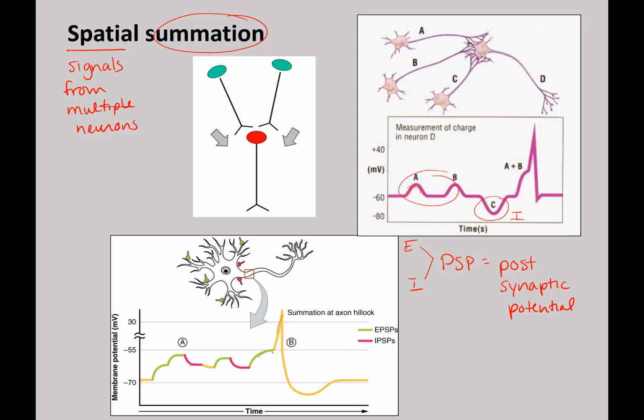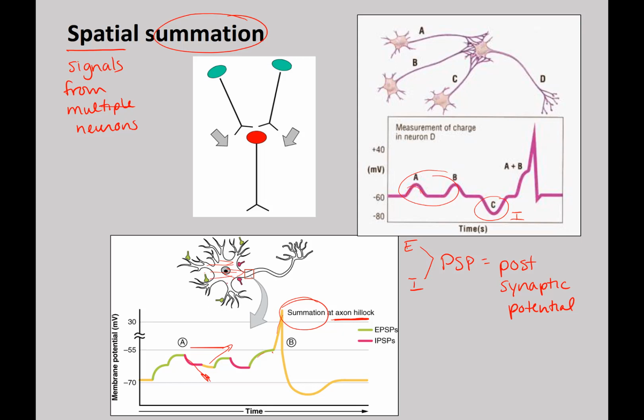So the inhibitory are going to work against by hyperpolarizing. The excitatory are going to depolarize, and it's the summation at the axon hillock which allows you to initiate the action potential. Right? So remember, your axon hillock is where you're initiating the action potential.